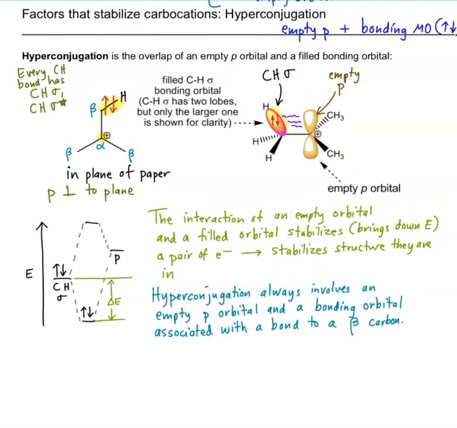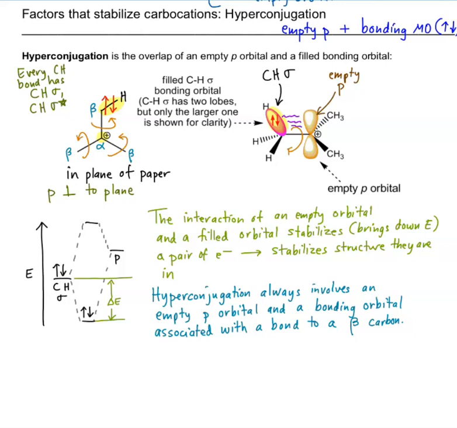Now, if we go back up to this structure, I only drew in one of the carbon-hydrogen bonds coming off of one of those beta carbons. But there are two others, which means that from that beta carbon there are two other possibilities for a filled orbital to overlap with the empty p orbital. Remember that each of these bonds is rotating, and we'll do that in the structure over on the right as well.